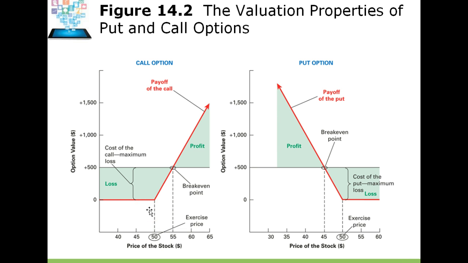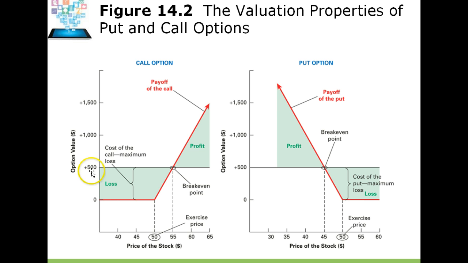So what we're looking at when we're trying to calculate our profits: if the stock price is 50 and the exercise price is 50, there's no intrinsic value. At this point, where the stock price meets the exercise price for a call option, the loss is whatever the premium is you paid.